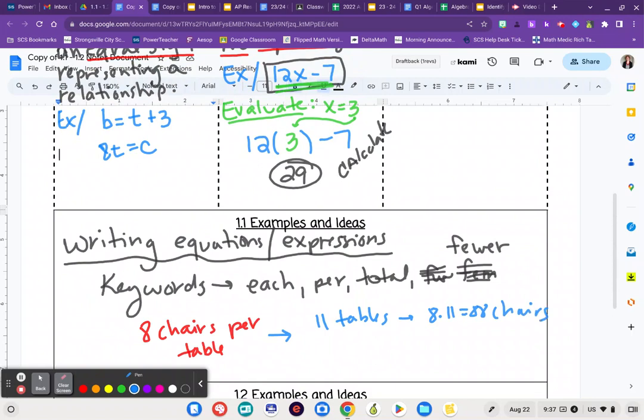And so in general, if I had T tables, I would do 8 times T to give me the number of C chairs. Okay. So writing an equation, I'm looking for this keyword. This was per. So for every table, there are 8 chairs. I'm doing this multiplication here.